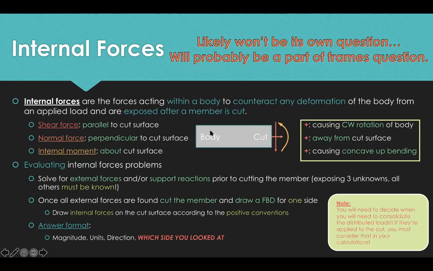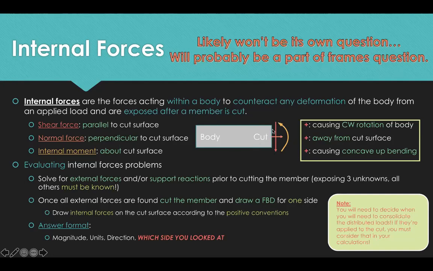Once all of those are found, you can cut the member and draw a free body diagram for one side. It's up to you which side you pick. I usually pick the side with the least stuff on it because that's less math, which means less mistakes. But it's your call. If you want to be extra and do it on the complicated side, no one's stopping you. Again, just draw the forces, and then it's really just an equilibrium problem, right?